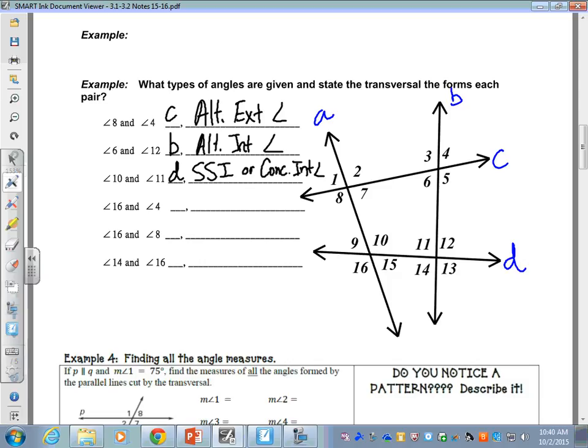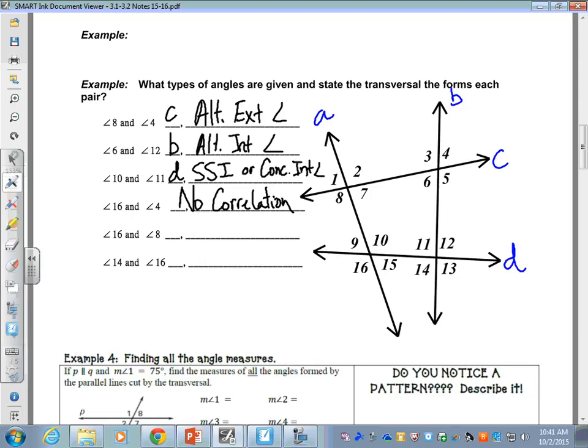All right, what about 16 and 4? What's the transversal? It doesn't have one, so this would be no correlation, because they don't have a common transversal between them. 16 has the transversal A, and 4 has the transversal B. They have to have a common transversal between them.